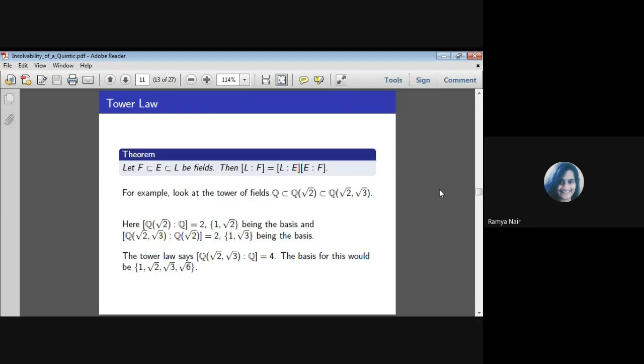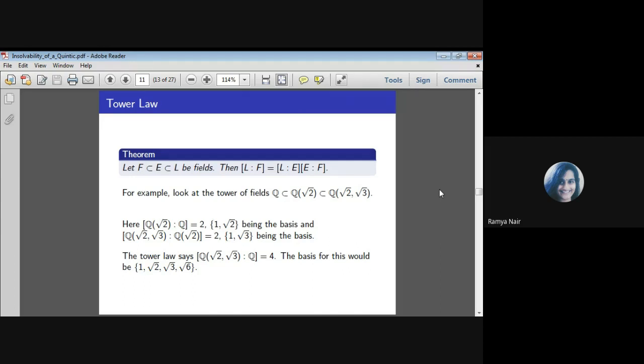We can look at the individual dimensions, then the product, and the dimension of L over F. The dimension of Q root 2 over Q would be 2, because the basis of Q root 2 over Q would be 1 and root 2. Similarly, when you have Q root 2 root 3 over Q root 2, you just have a basis consisting of 2 elements, which is 1 and square root of 3.